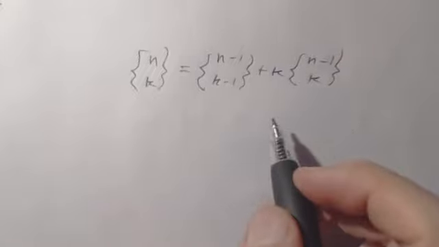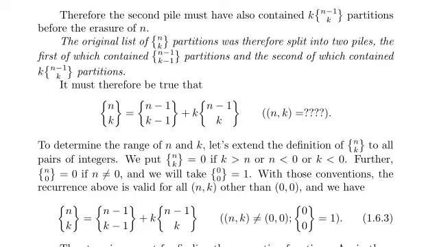As soon as k exceeds n, it's going to be 0. It's probably all going to make sense. And they've written {n, k} equals question marks. I'm not sure what that is about. I don't know. Let's keep reading.